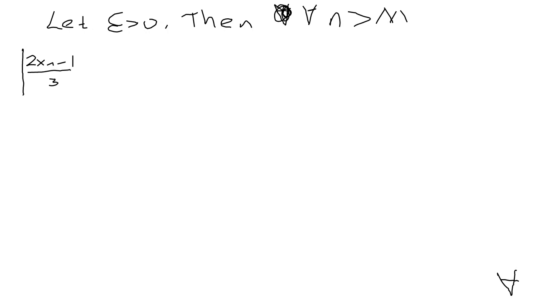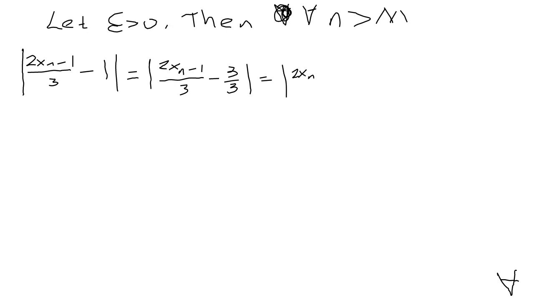Remember, that's what I want to prove: the particular limit is equal to 1. So it's 2x sub n minus 1 over 3 minus 3 over 3, which is equal to 2x sub n minus 4 over 3. I'm going in steps.